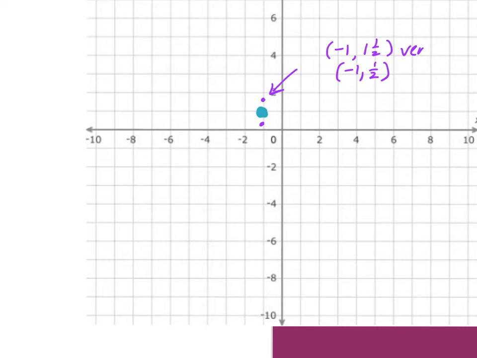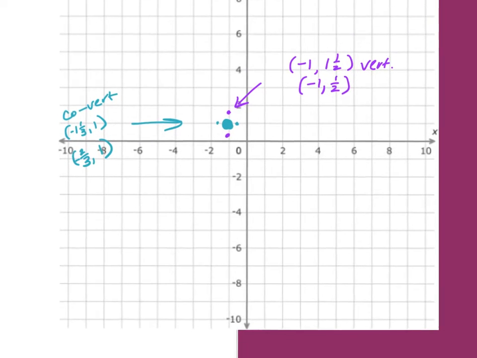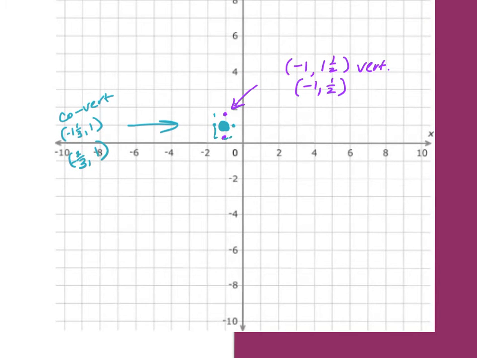Then I'm going to go right and left 1/3, because that's my co-vertices. I go negative 1 and 1/3, and 1, and I go 1/3 less, so it'd be negative 2/3, and positive 1. And then that's my little box, right?